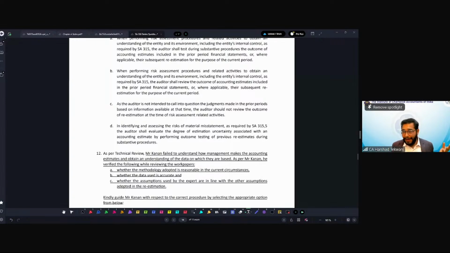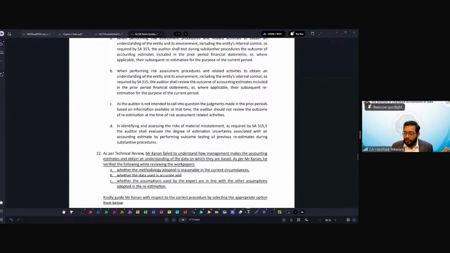So remember in the previous session we discussed what are the things that the auditor is required to understand or check. When it comes to the accounting estimate, one, it is the method. Second, the relevant controls.